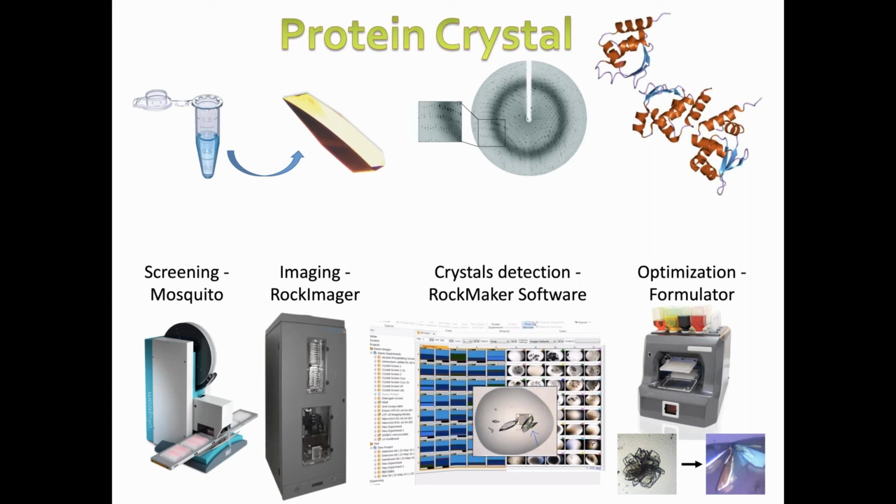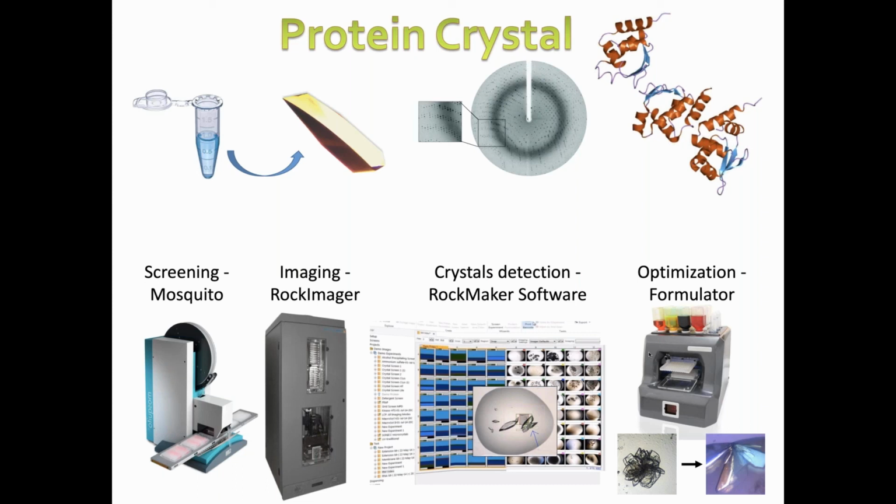We also have, besides the Rock Imager and the RockMaker software, which are extremely helpful and can help us easily screen the images, and we can also prepare optimizations with the RockMaker. We have the Formulator optimization, which is also very helpful because it's super easy and fast to prepare optimization screens directly into the plates.